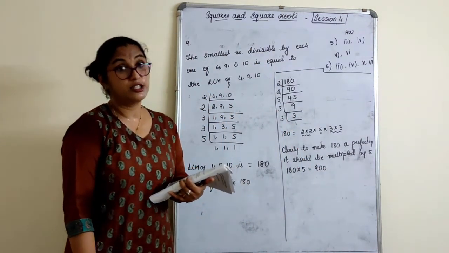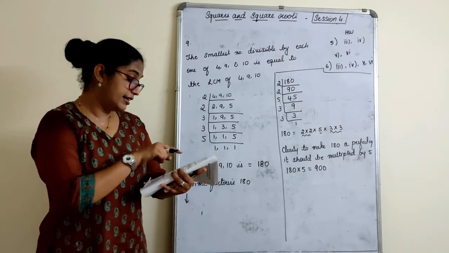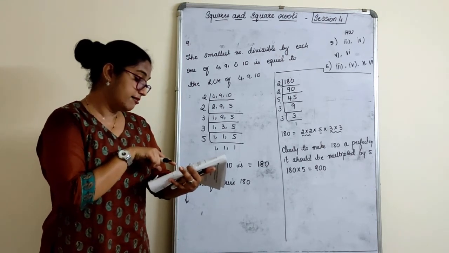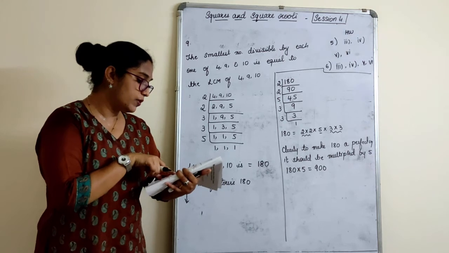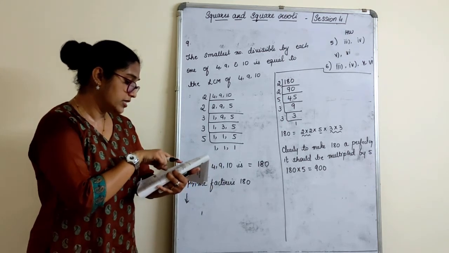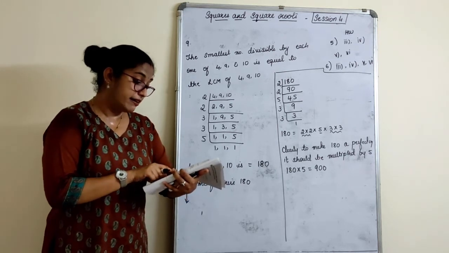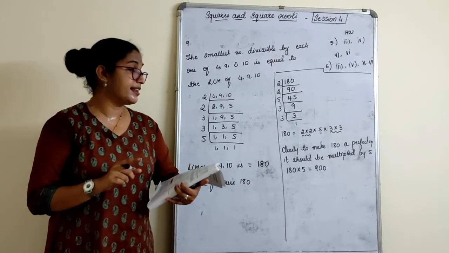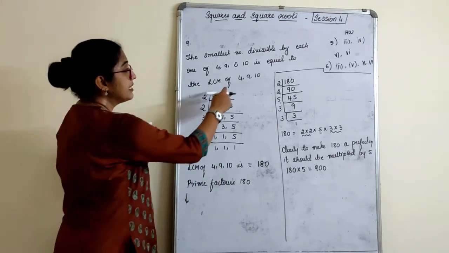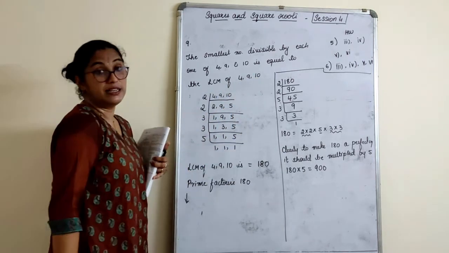Right? Got it here? So 900 according to the question. 900 is the smallest square number. That is what they have asked. Find the smallest perfect square number. 900 is the smallest perfect square number that is divisible by each of these numbers.